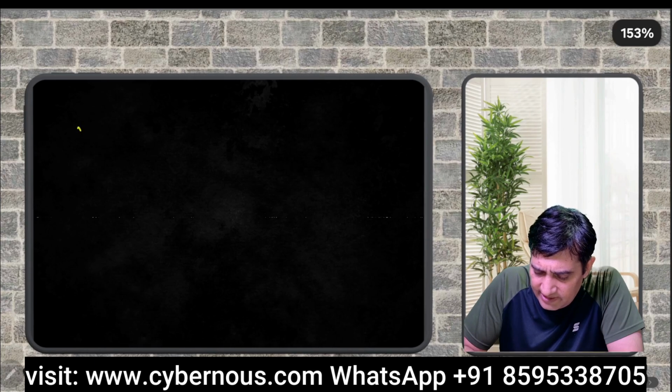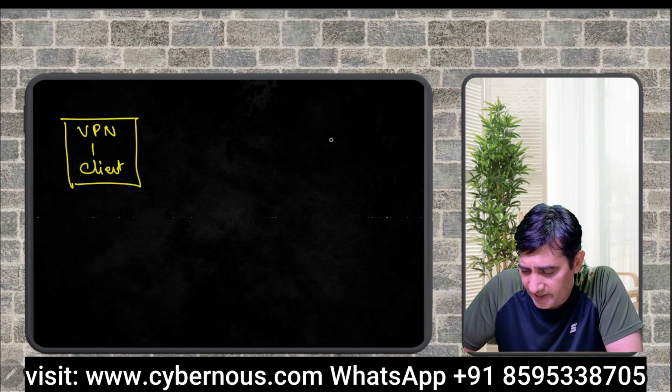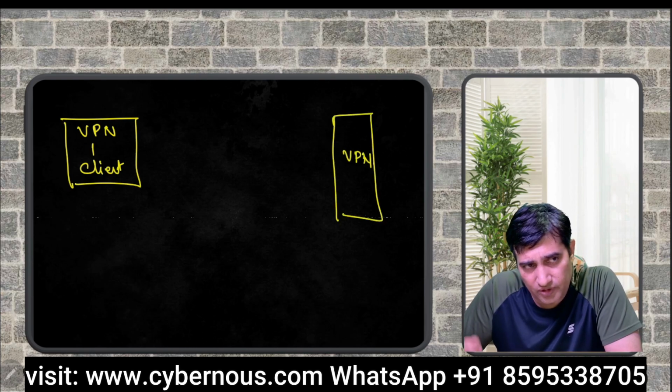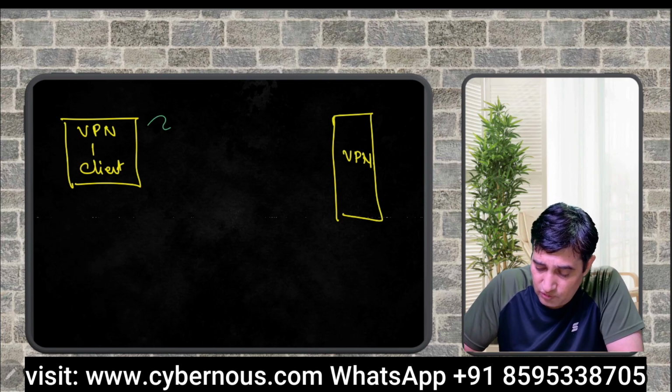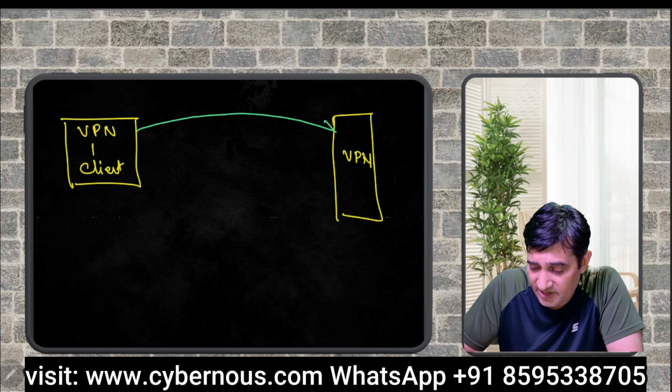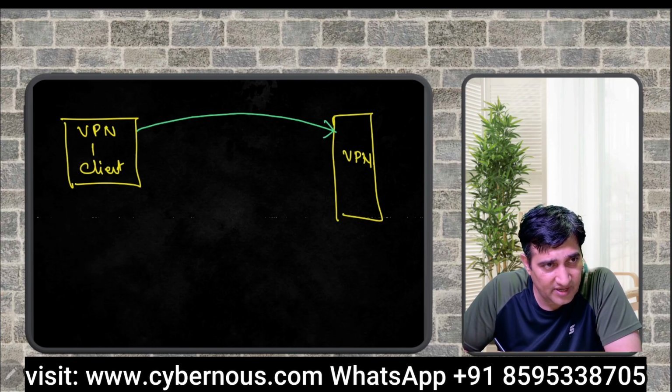Let's say there is a VPN client, and this VPN client wants to connect with the VPN server. Obviously I have told you about the 4-way handshake. Most of the time it is certificate based. So your VPN client is going to reach out, establish an HTTP session, and send a post request to your VPN server.